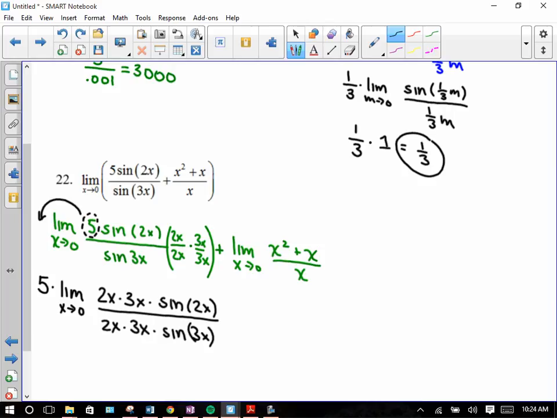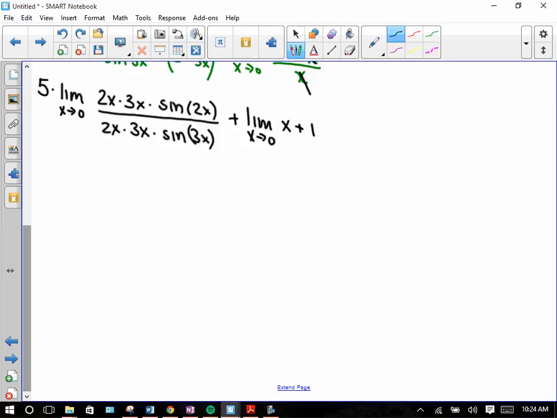Okay? Now, I have my sine of 2x over 2x, and I have my sine of 3x over 3x, so I don't want to mess with those. Plus the limit as x approaches 0 of the other term. Did anything cancel out over here? Excellent.